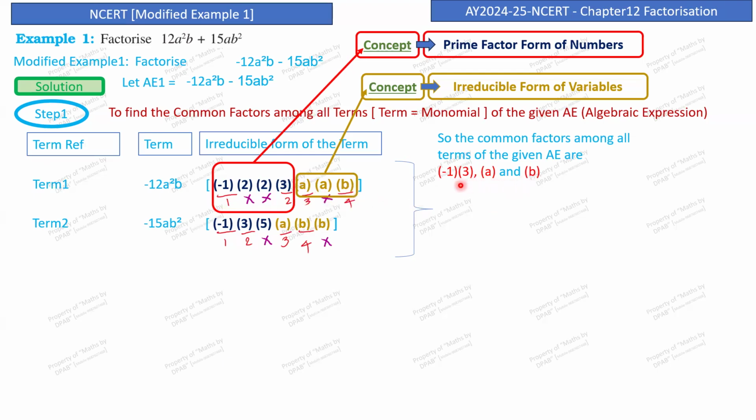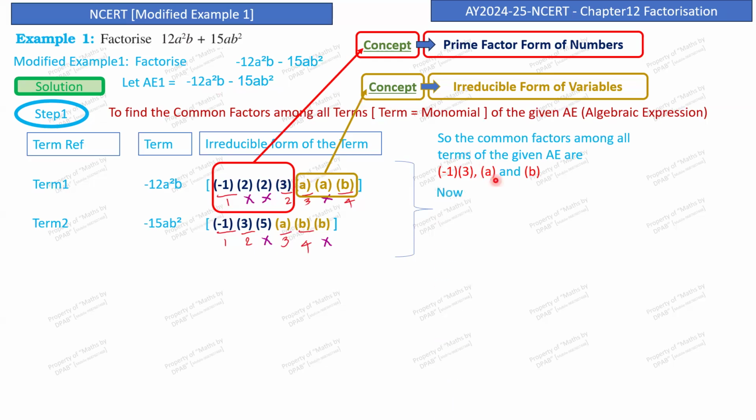So what are the common factors? Minus 1, comma, 3, comma, A and B. I have not put a comma here, please add one comma here. So how many common factors are there? 1, 2, 3, and 4. 4 common factors among these 2 terms of the original algebraic expression, which is minus 12A square B minus 15AB square.